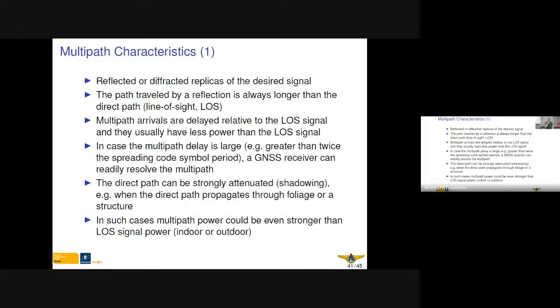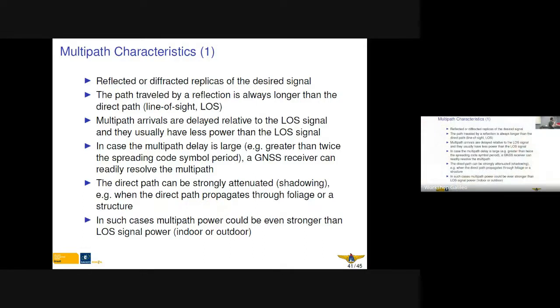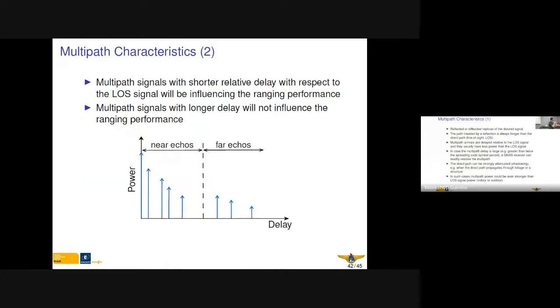So maybe you have the line of sight signal passing through a wall, and you have a multipath signal entering through a window in a room, or these kinds of things. Multipath signals with shorter relative delay with respect to the line of sight signal will be influencing the ranging performance.